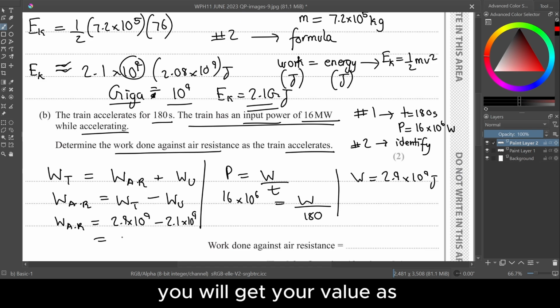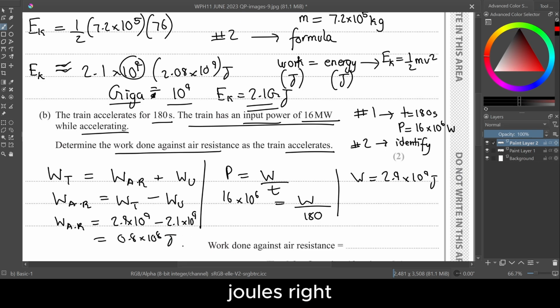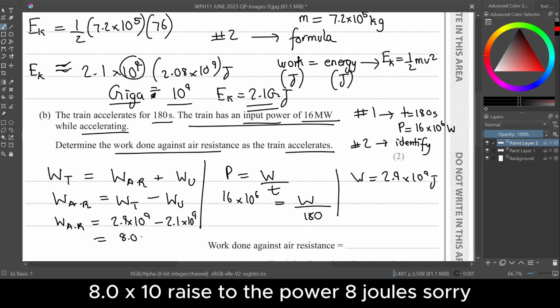If you subtract it, you will get your value as 0.8 times 10 to the power 9 joules. Sorry, not 0 point, my bad. It's 8.0 times 10 to the power 8 joules.